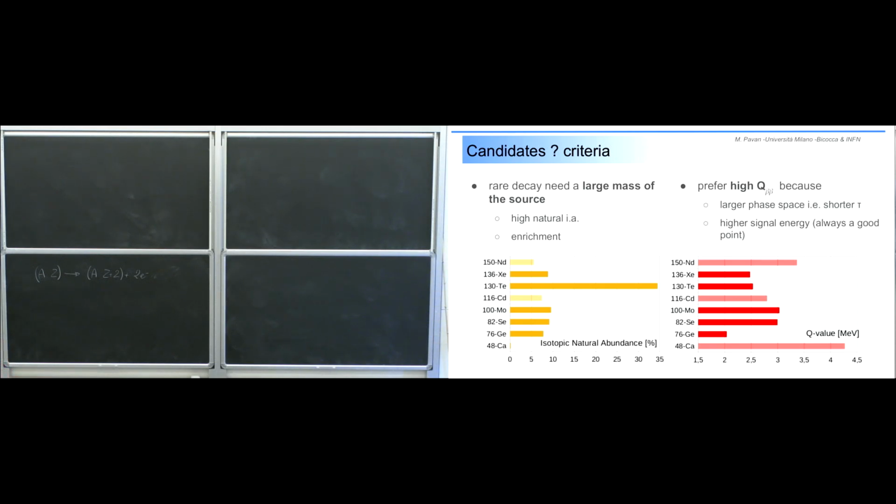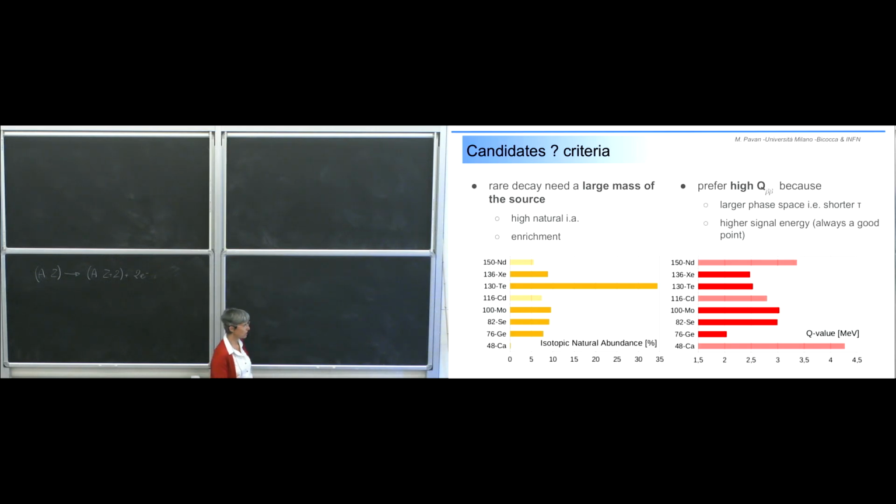Usually not. And usually enrichment, since it selects A, the mass of your isotope, generally does not add contamination, but removes contaminations. The other problem is that not all the isotopes can be enriched.